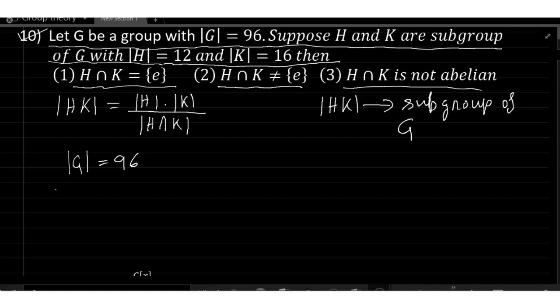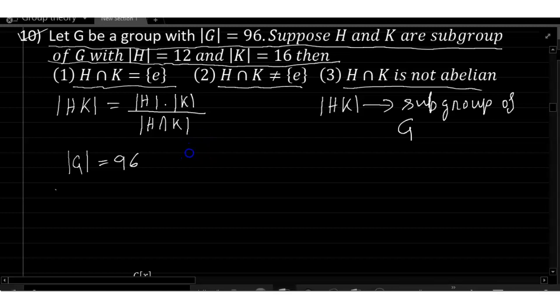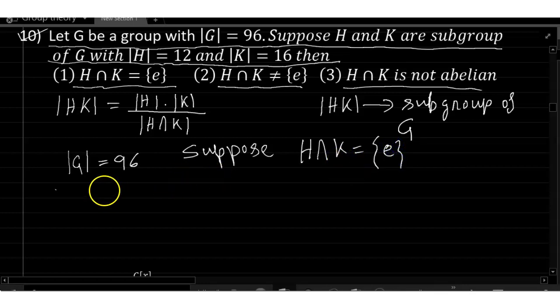So friends, order of G is equal to 96. Suppose H intersection K equals E. Let G be Abelian.